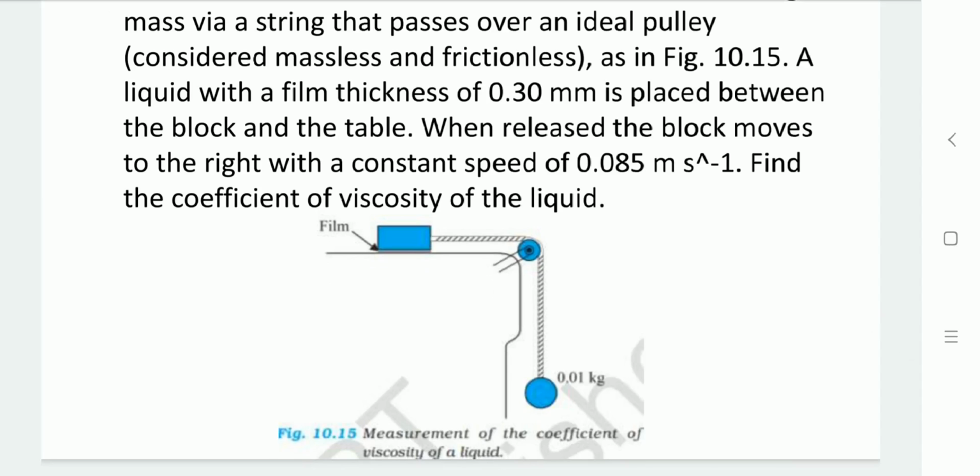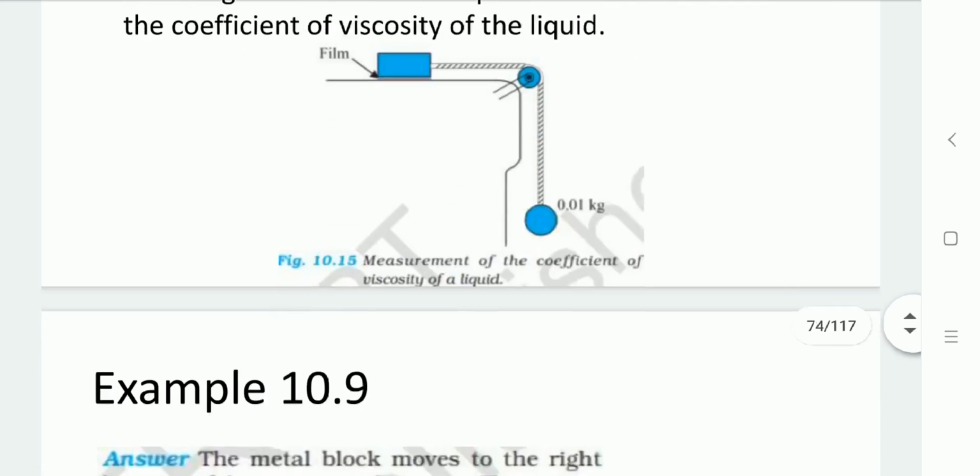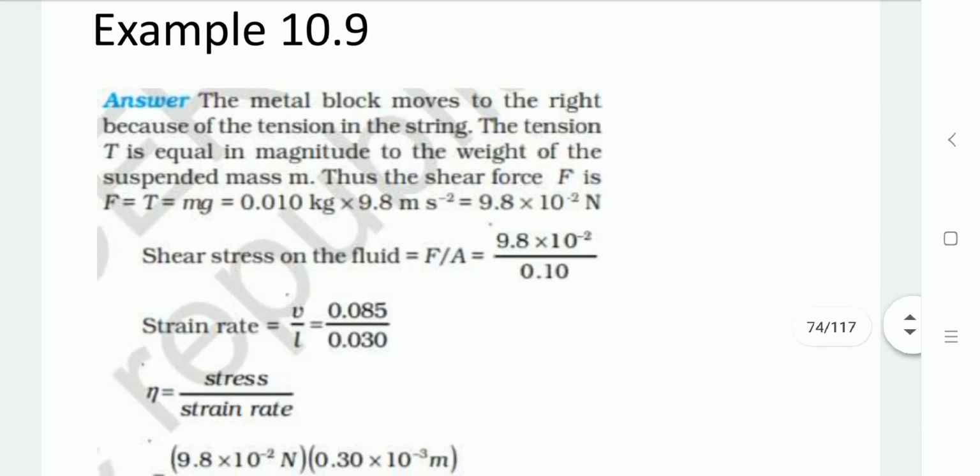So here, to determine the coefficient of viscosity, we need to determine first the stress and strain, because it is the ratio of stress to strain. A metal block is moving to the right because of the tension in the string, and the tension T is equal to mg, where m is 0.01 kilogram and g is 9.8 meter per second square.